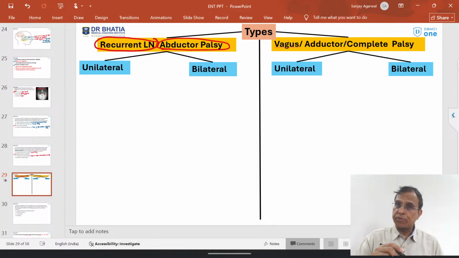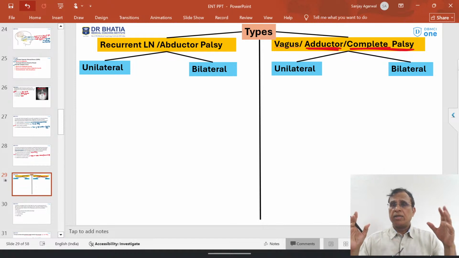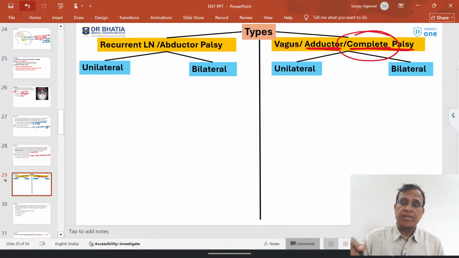Recurrent nerve palsy causes abductor palsy, and it can be vagus palsy, which is both the nerves, recurrent and superior. That is called adductor palsy. It is also called complete palsy, because everything is gone; if all the nerves are gone, the vagus is gone, we call it complete palsy. Keep this name in mind. Complete palsy is adductor palsy, remember this.